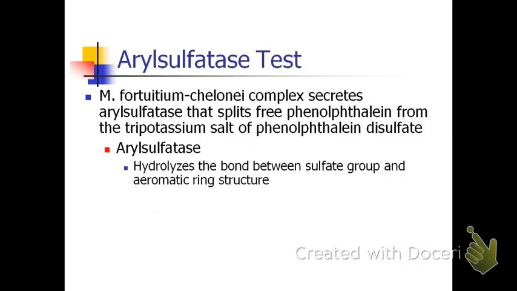Aryl sulfatase test usually is important for the Mycobacterium fortuitum-chelonae complex. It utilizes the enzyme known as aryl sulfatase, which could hydrolyze the bond between the sulfate and the aromatic ring structure.